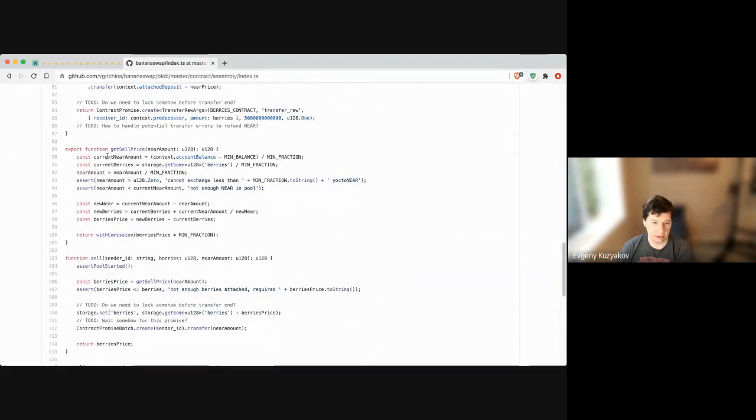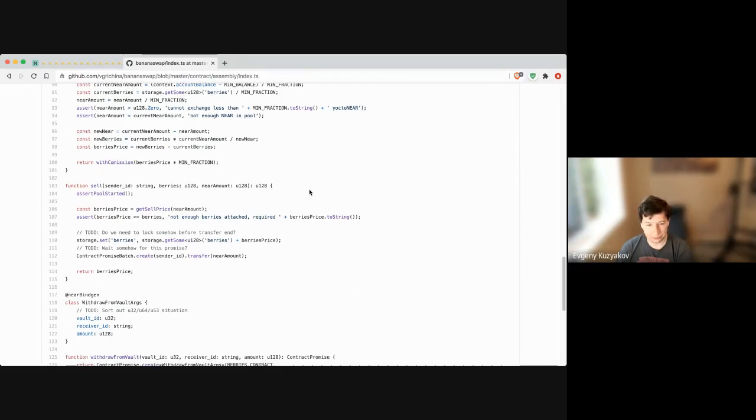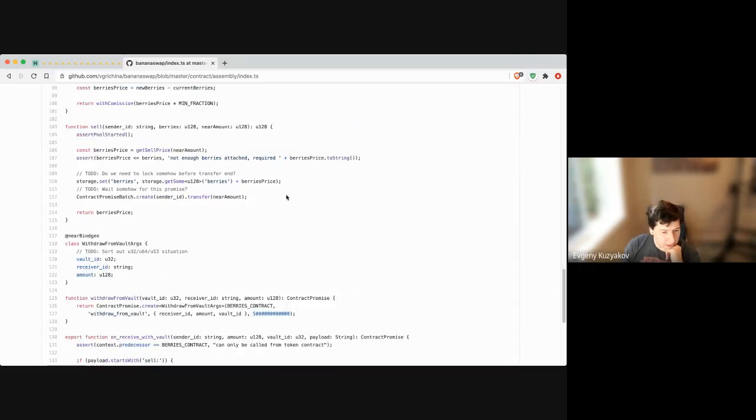Then you have get sell price, and you have a sell method that is internal because you can only trigger it by calling transfer with vault from the banana contract, from the Berry Club contract.